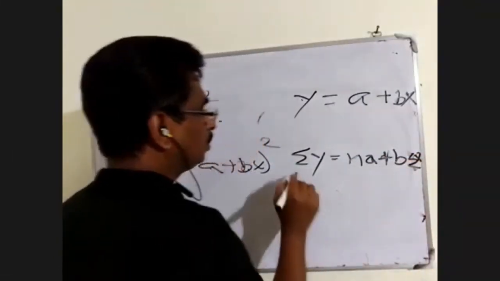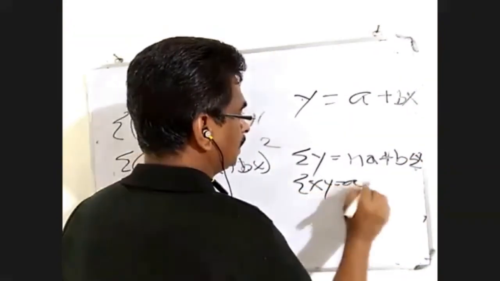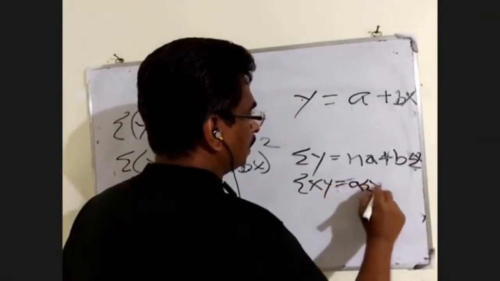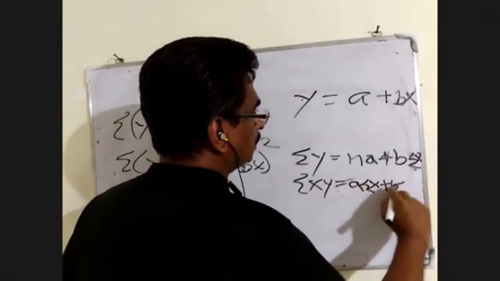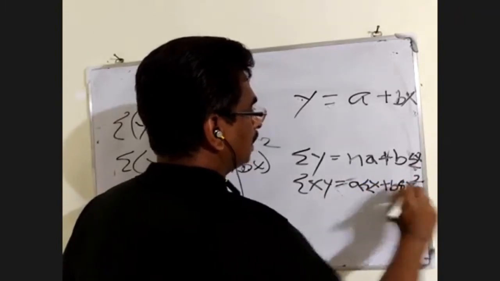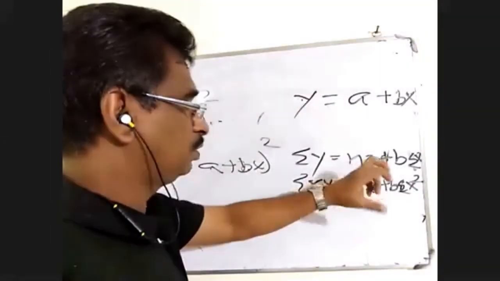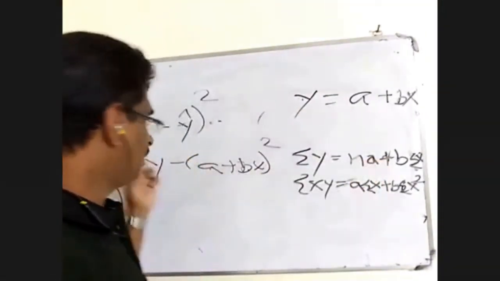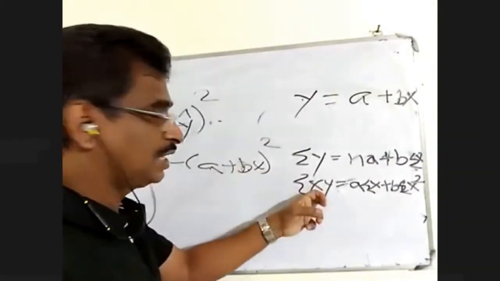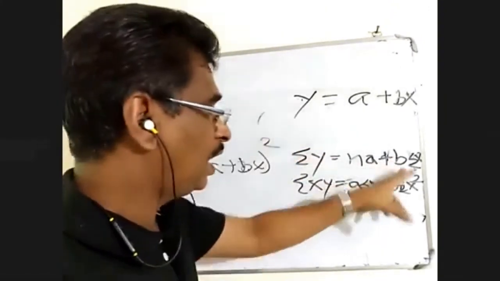The second is sigma xy is equal to a sigma x plus b sigma x squared. First we take the partial derivative dS by da is equal to 0, and we get the first equation. Second, we take the partial derivative with respect to b, and we get the second equation. So we got two equations, each including a and b.